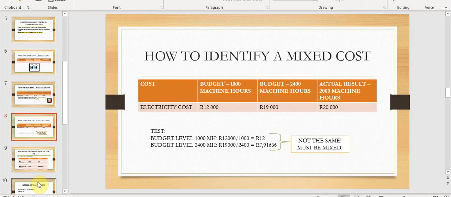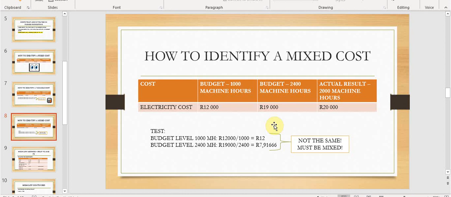Right, the next type of cost is the more tricky one. How do we identify a cost that is a mixed cost? The type of cost that I have used here as an example is electricity. With the electricity, at the 1,000 machine hour level it's 12,000, and at the 2,400 machine hour level it's 19,000. Obviously, again, it's not the same, so it cannot be a fixed cost.